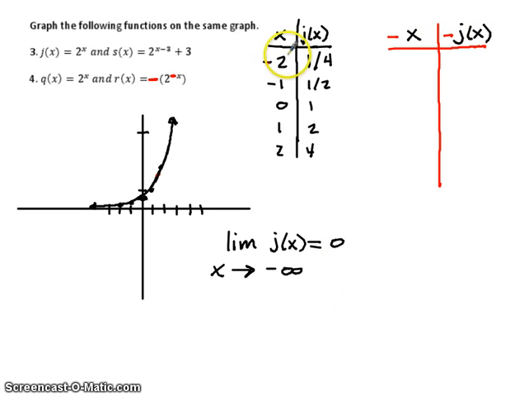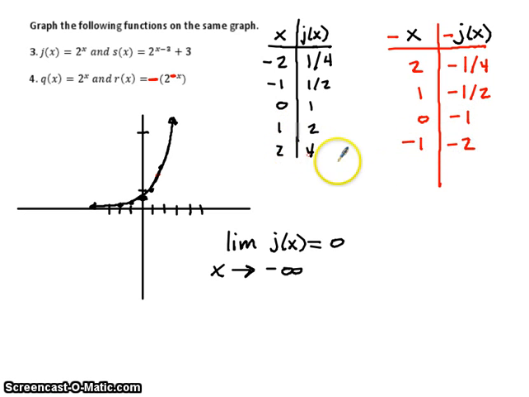So we have a positive 2 here and then a negative 1/4. We have a positive 1 and a negative 1/2. We have a 0 and a negative 1. We have a negative 1 and a negative 2. We have a negative 2 and a negative 4. Let's go ahead and plot those points.